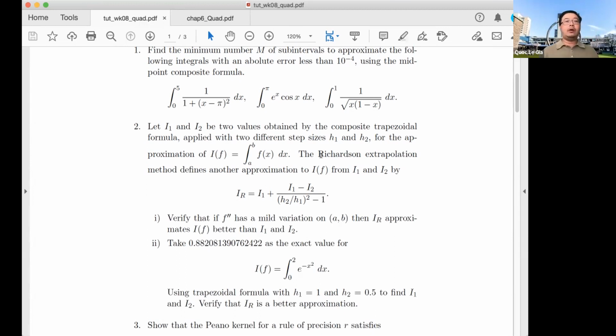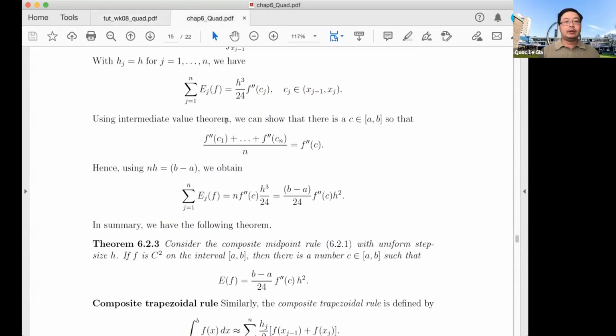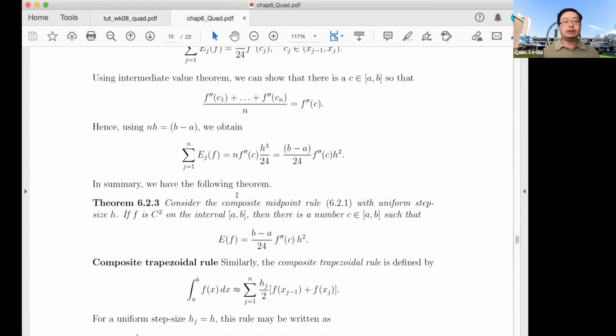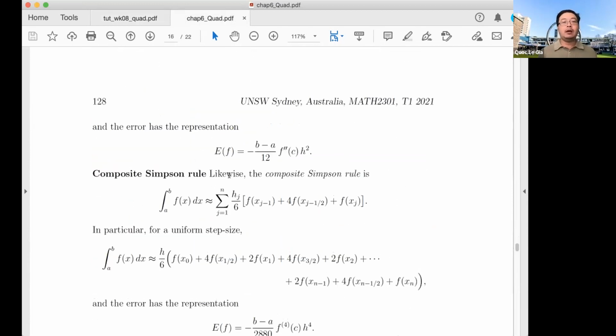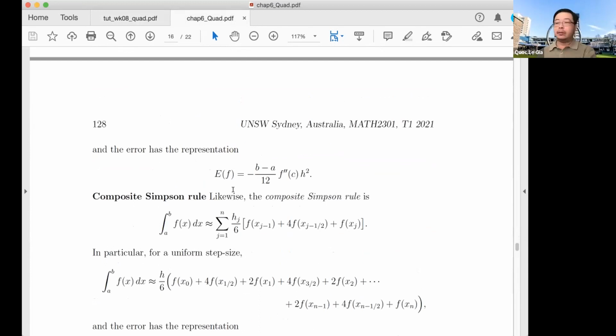If you go back to the lecture notes, the error of the trapezoidal rule will be of this form: minus (b minus a) over 12 f double prime of c times h square. So that is for the trapezoidal rule.